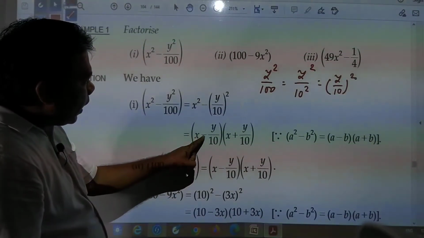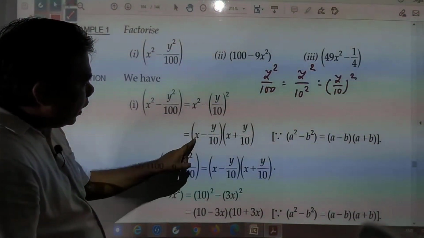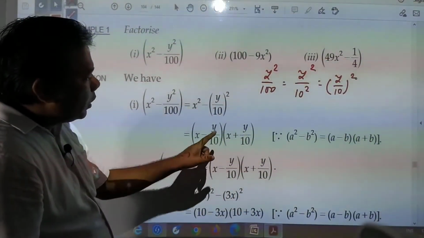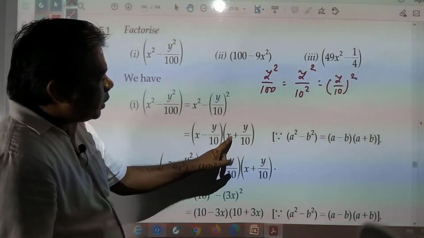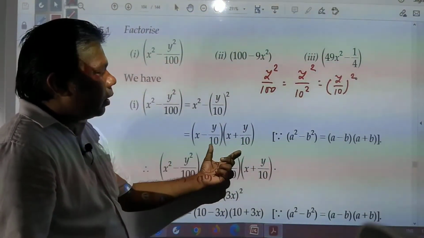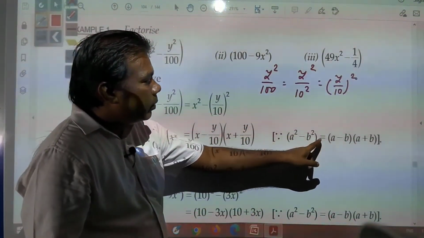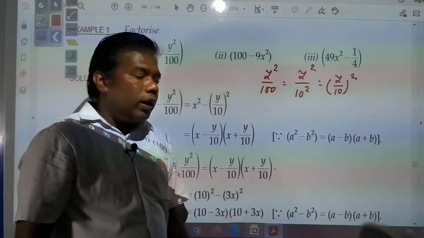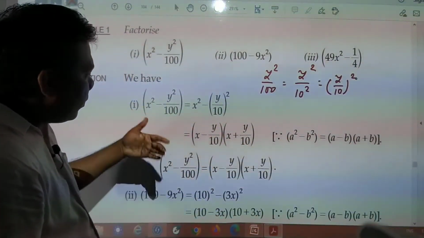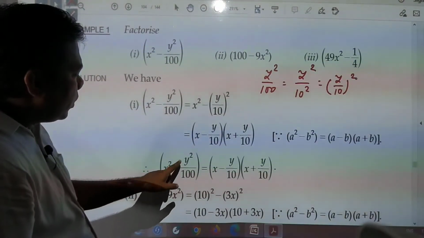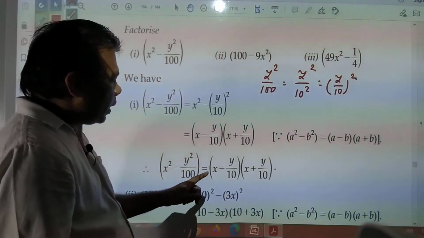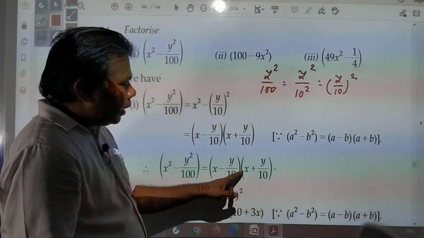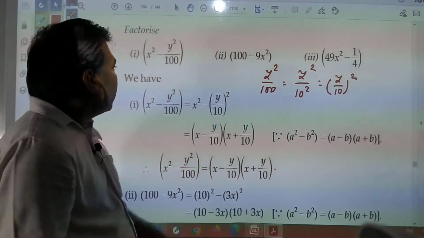So x square minus y square by 100 can be written as x minus y by 10 into x plus y by 10.